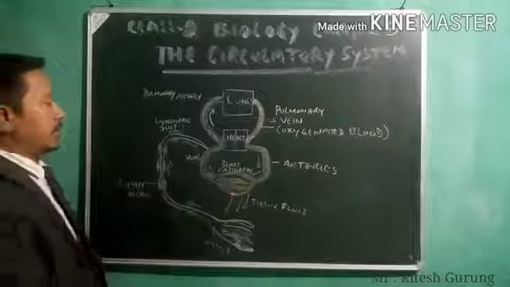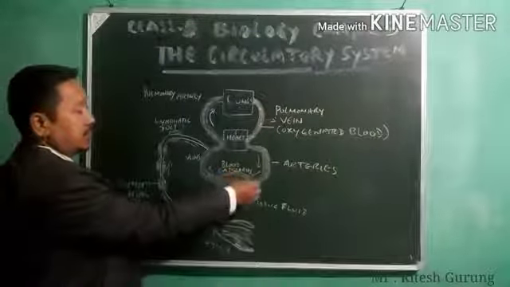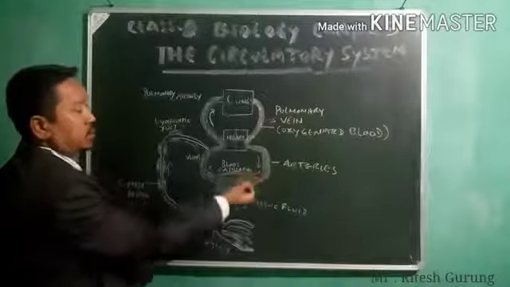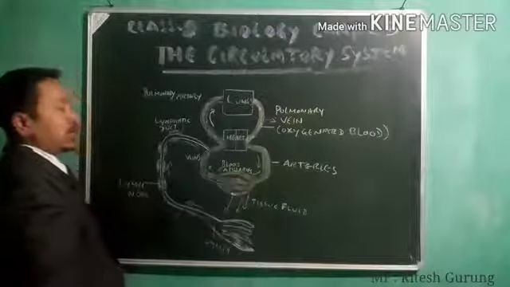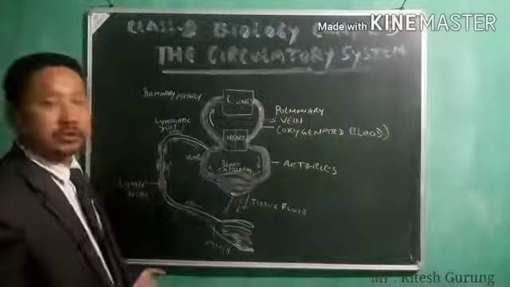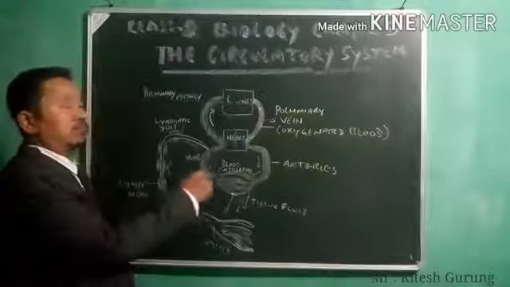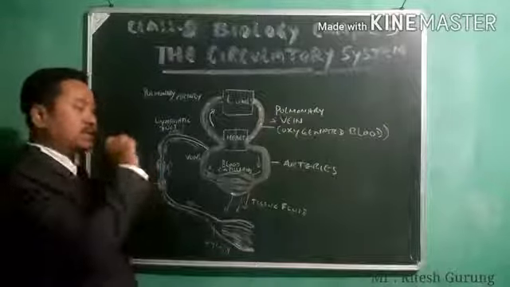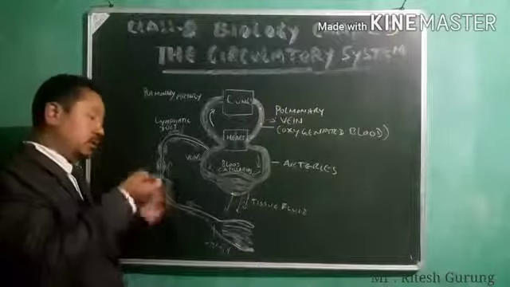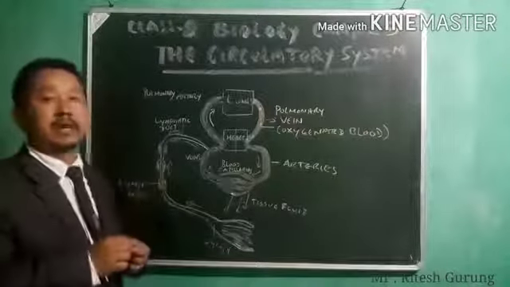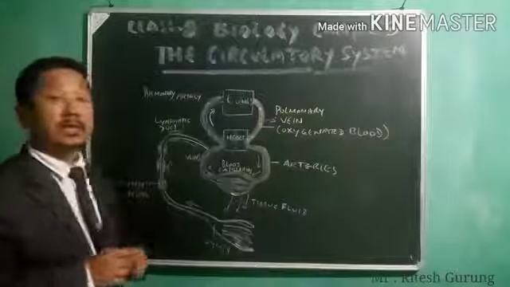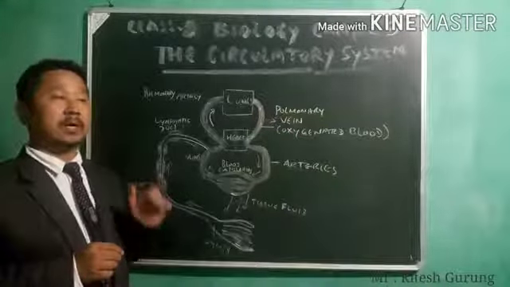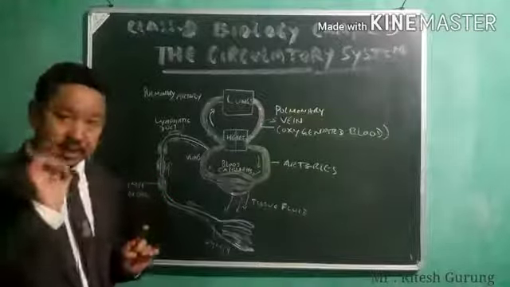Then here you see the blood capillaries. So this blood can flow through the capillaries. Then after the use of the oxygen from the oxygenated blood, the blood will again pick up carbon dioxide. Then the blood becomes impure, which means blood becomes rich in carbon dioxide.